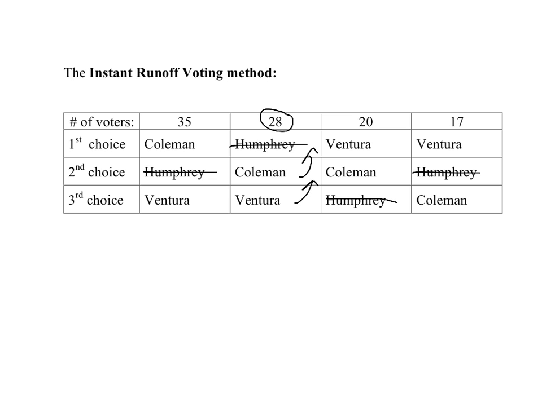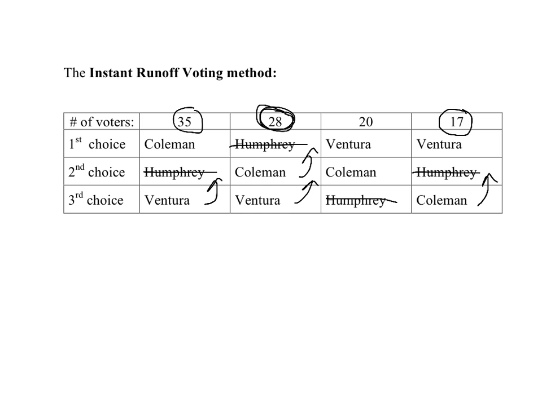We can, just for completeness, fix all the other ballots so that wherever Humphrey was eliminated and had someone else below him, the candidates below him move up. Right? So on these 35 ballots, Ventura moves up to second place to replace Humphrey, and on these 17 ballots, Coleman moves up to second place to replace Humphrey. But the ones that are most important right here are these 28 ballots on which Coleman is moving up to that vacated first-choice position.